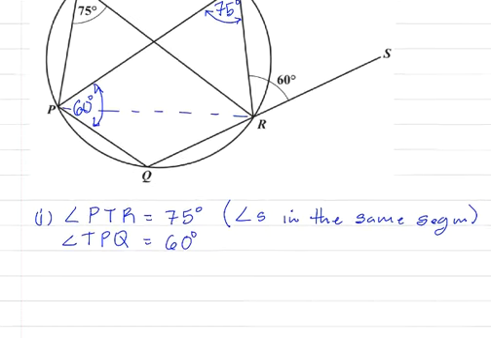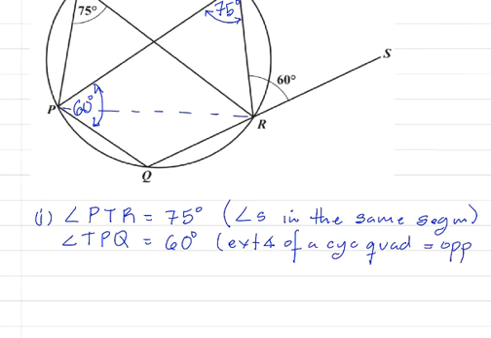And the reason is this: the exterior angle of a cyclic quadrilateral is equal to the opposite interior angle.